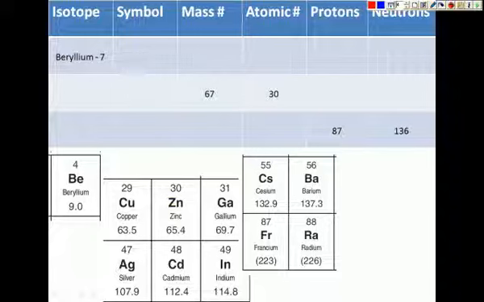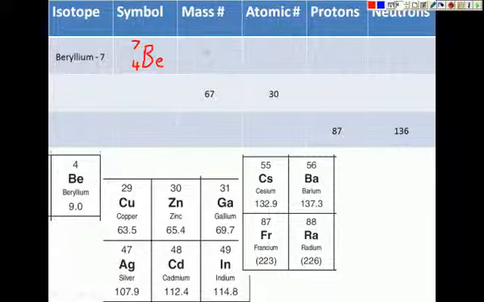So beryllium, the symbol for beryllium is right here, Be. The atomic number is 4, so we're going to write 4 right here. Now, the isotope says beryllium 7. That means the mass number is 7. And that is how we write our symbol.